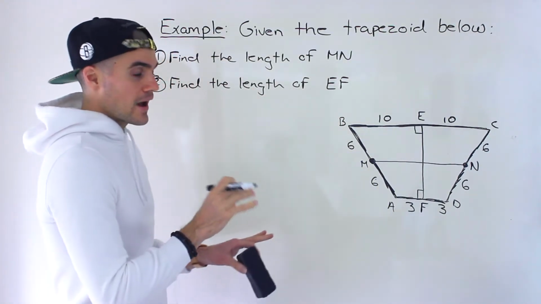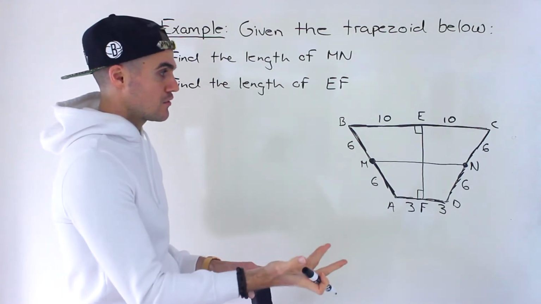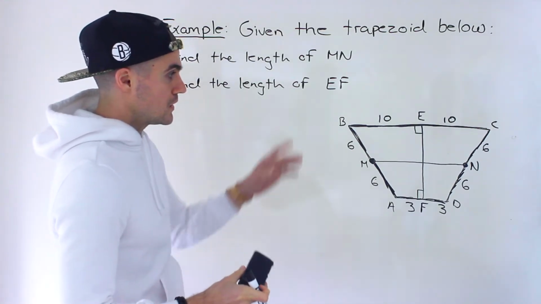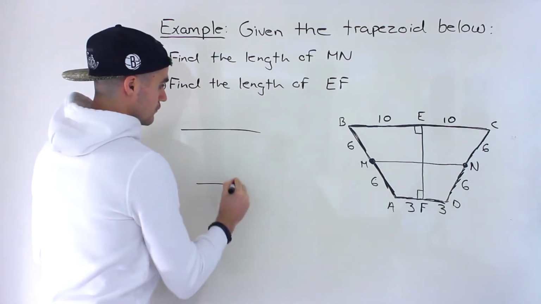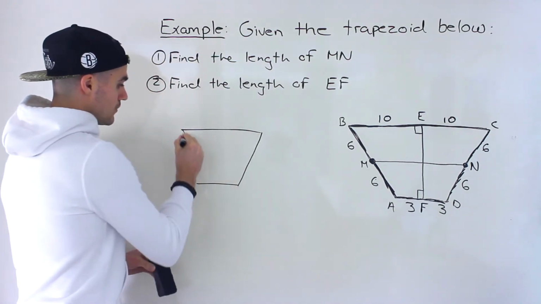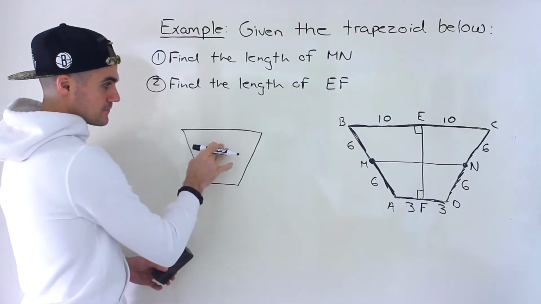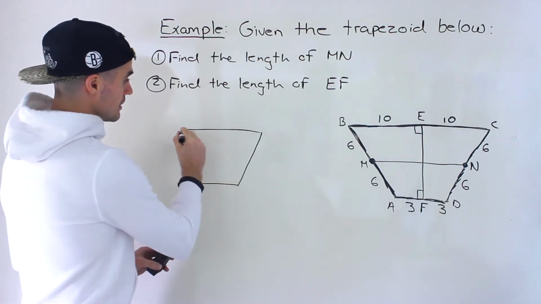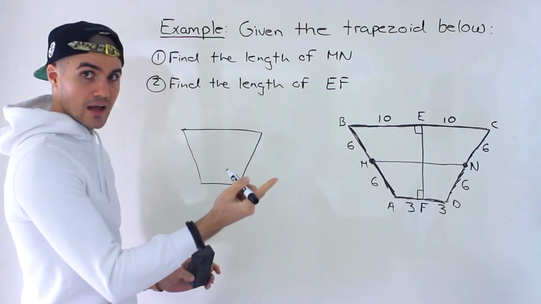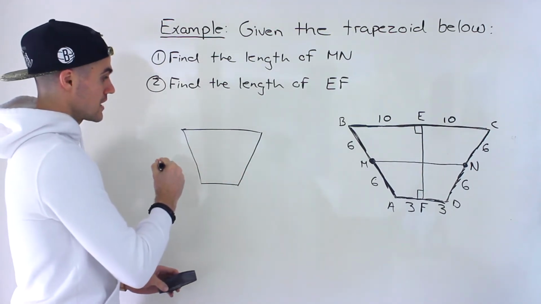Okay, so notice that we're actually dealing again with the trapezoid mid-segment theorem. Just as a quick review, if we have a trapezoid, and by the way, it doesn't necessarily have to look like this. It could be flipped over, and it could take many shapes, just as long as there is one pair of parallel sides.